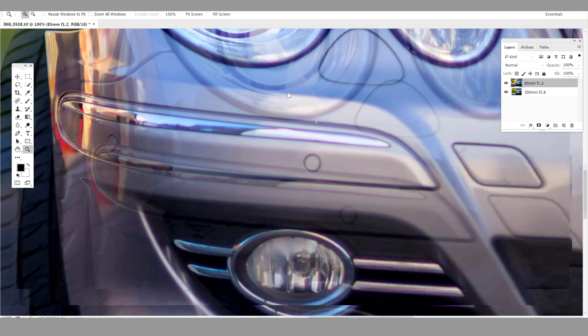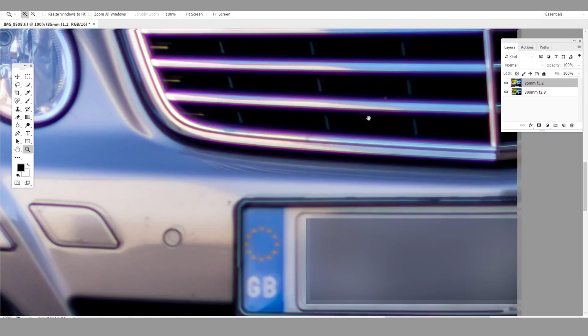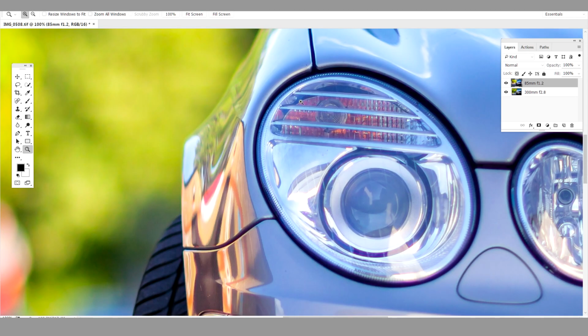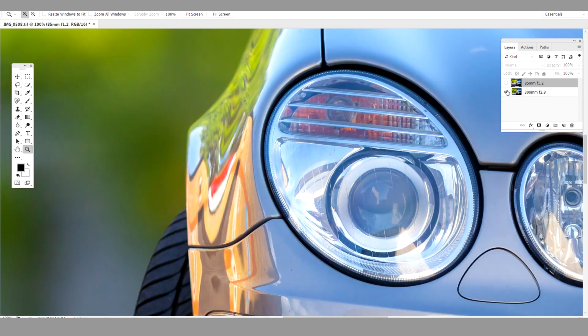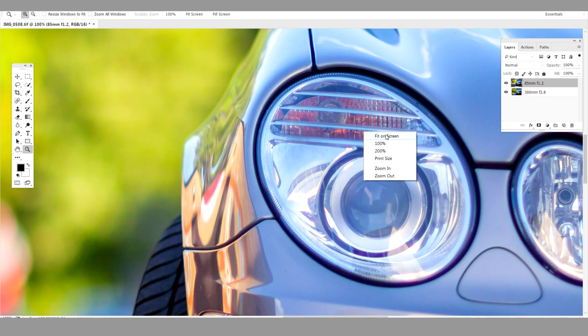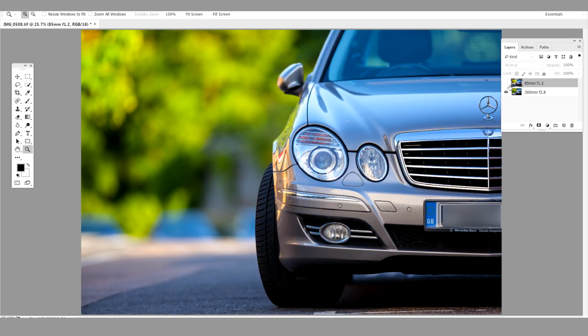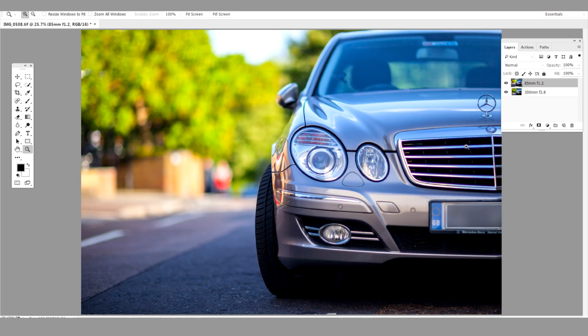And with the 1.2, some parts are not so sharp because of the depth of field. Only this part is sharp. And again, the whole picture, 85mm 1.2 and 300mm 2.8. I actually like this picture much more. Okay, so let's have a look at another picture.